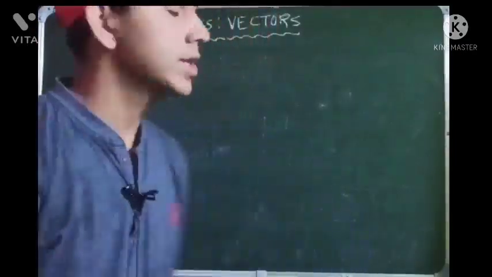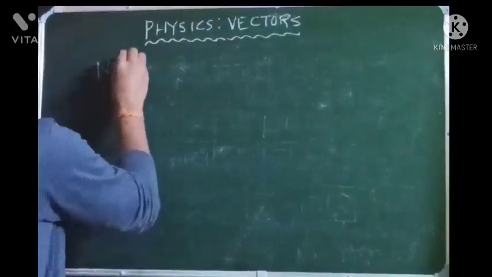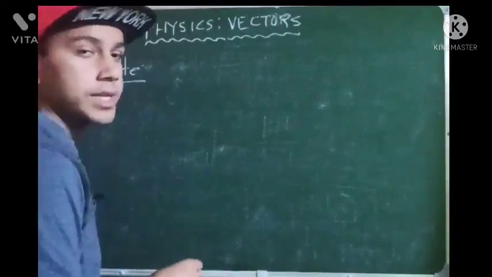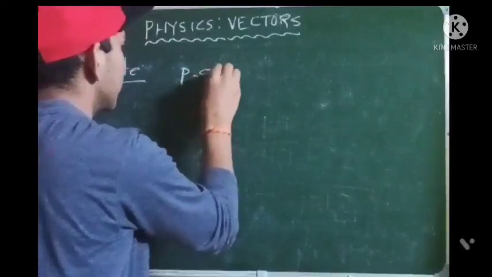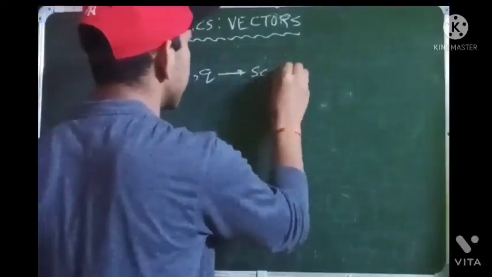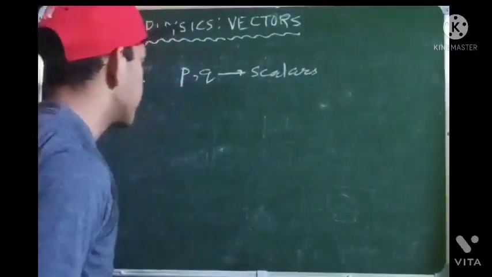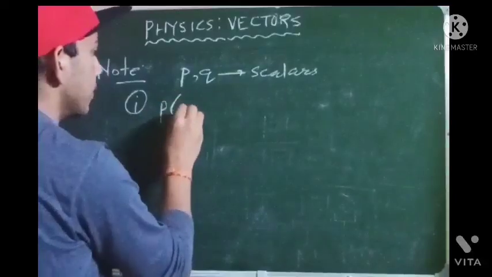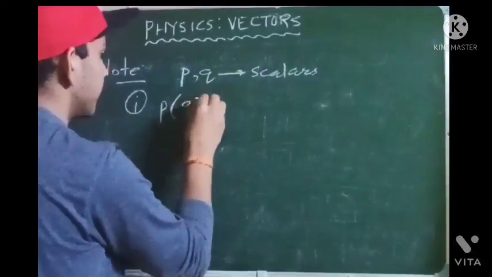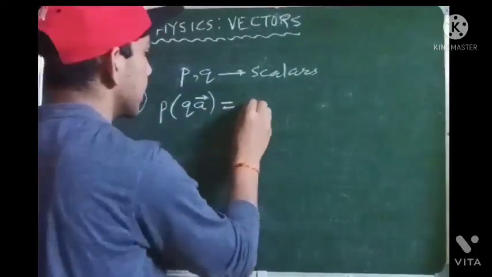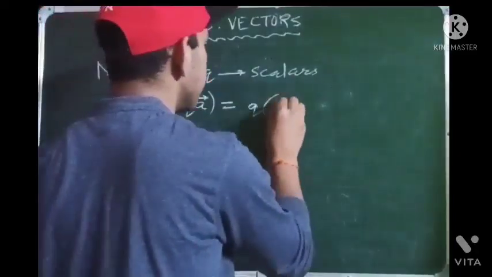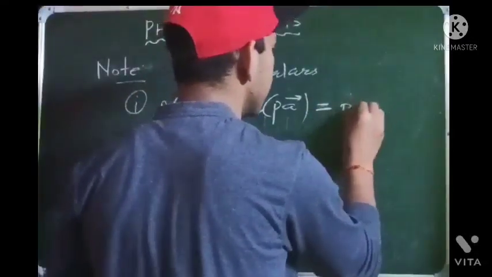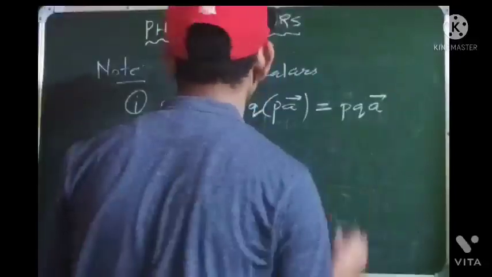Next we are going to write a note. Suppose we have two scalars P and Q, that means scalar quantities, not vectors. Then the first property is P multiplied with Q times a vector can also be written as Q multiplied by P times a vector, and can also be written as PQ multiplied with a vector.